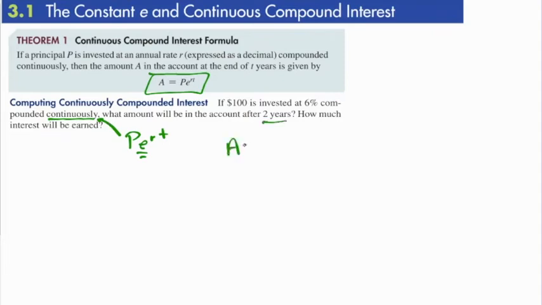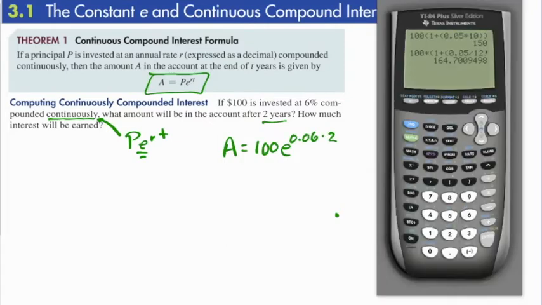So we can say A is equal to 100 times e to the R, which is 0.06, times T, which is 2, all of that in the exponent. 100 times e to the 0.06 times 2 gives us $112.75.